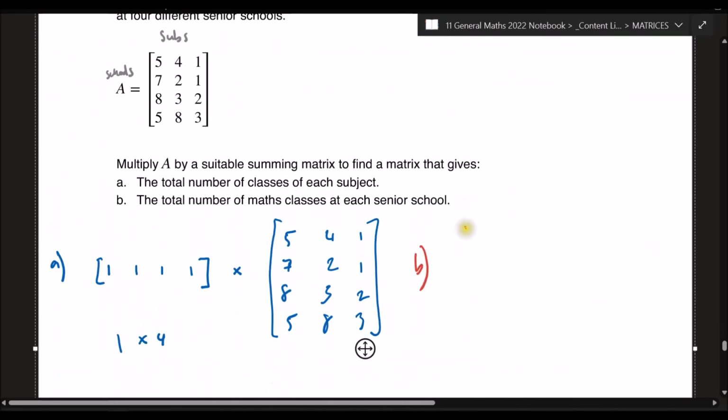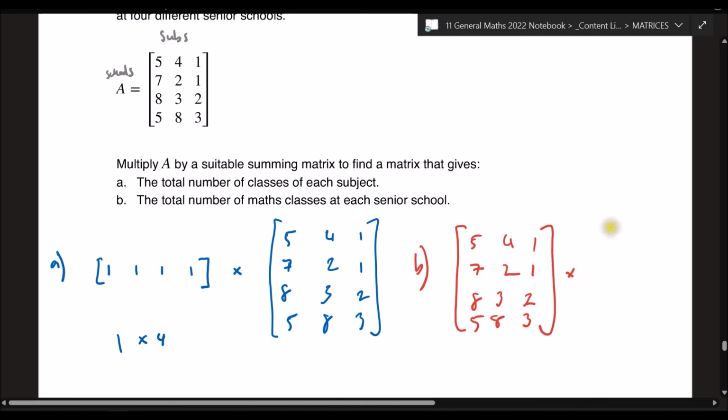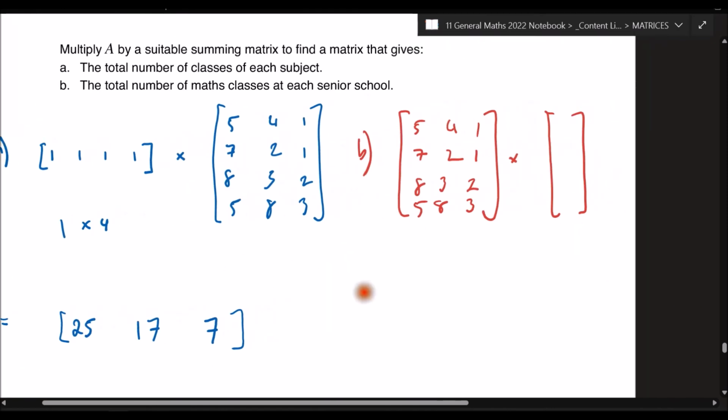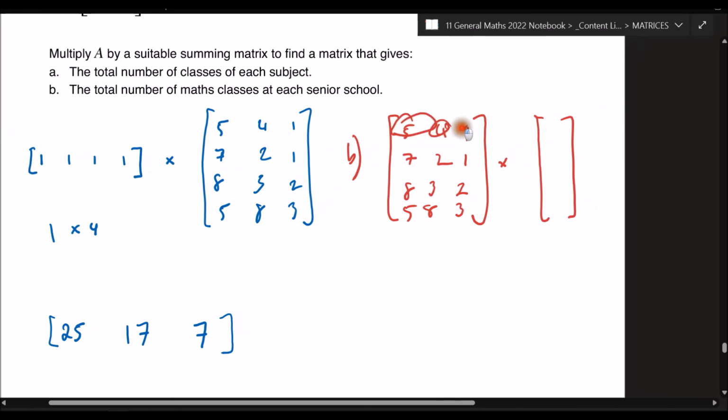So you've got that matrix: 5, 4, 1, 7, 2, 1, 8, 3, 2, 5, 8, 3. Multiplied by some sort of column matrix. It's on the right hand side. And how many elements in my column matrix? Because I want to add these 3, there have to be 3 1s in there.